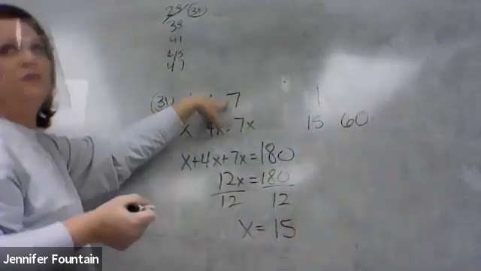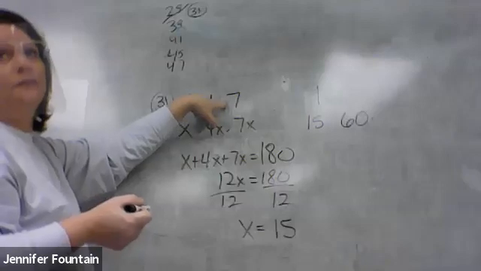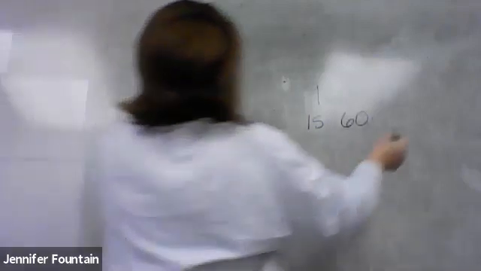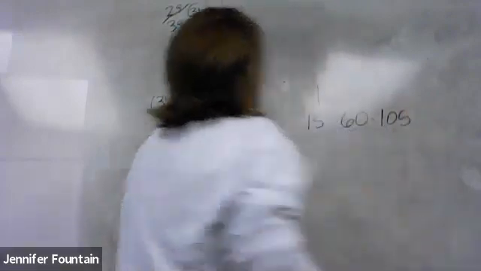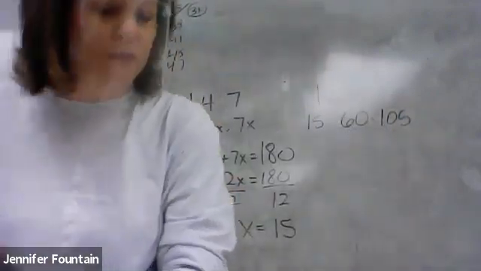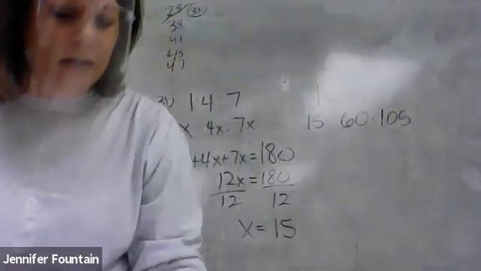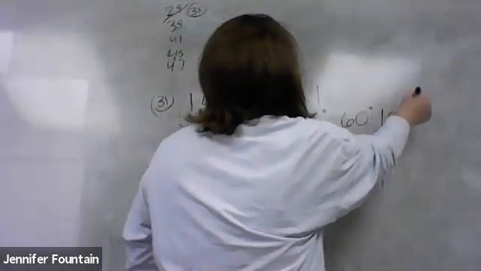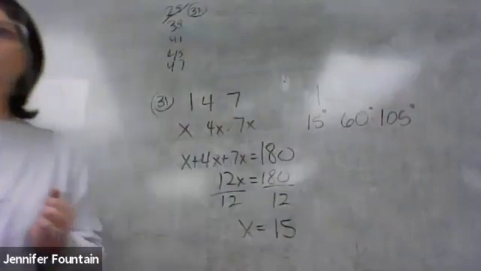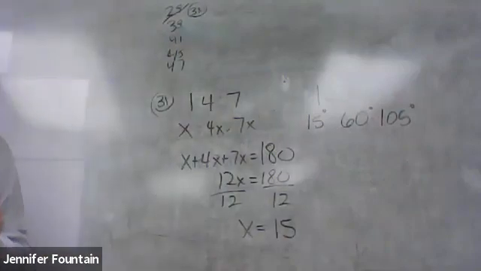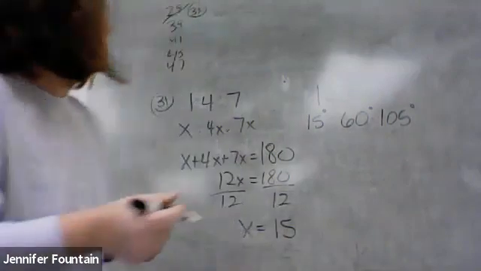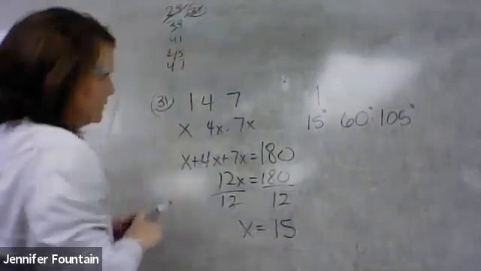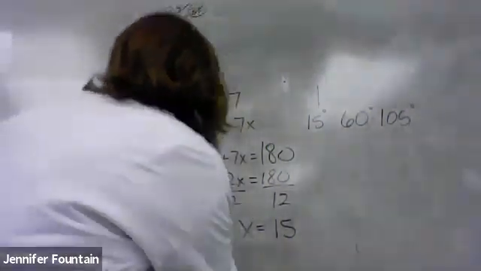And then what's 7 times 15? 105. There's my 3 sides of my triangle. So I've got 15 degrees, 60 degrees, 105 degrees. So there's 31. Let's go back to 39.